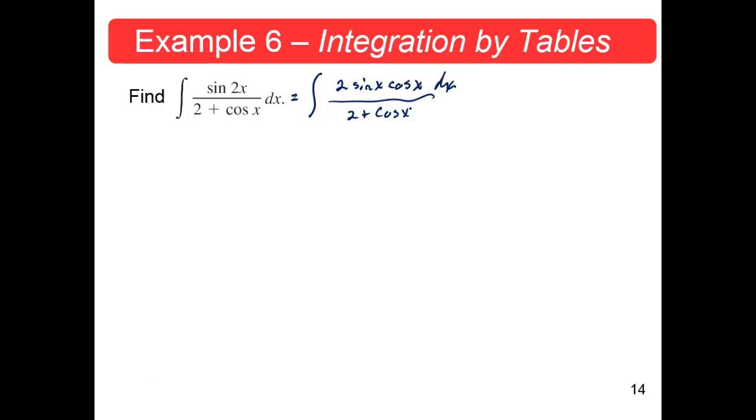If you're in any doubt, which you may be, and it's legal to have a doubt, go back to sort of where we came from here. Remember, that came from the sine of alpha plus beta, and that was sine alpha cosine beta plus cosine alpha sine beta, right?